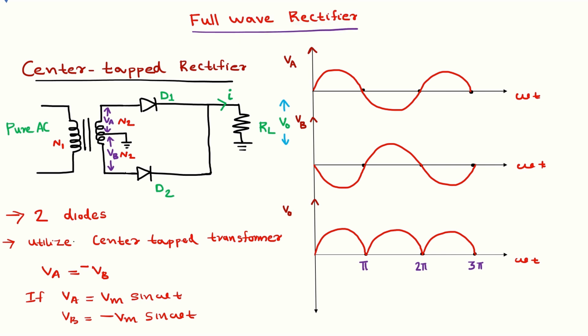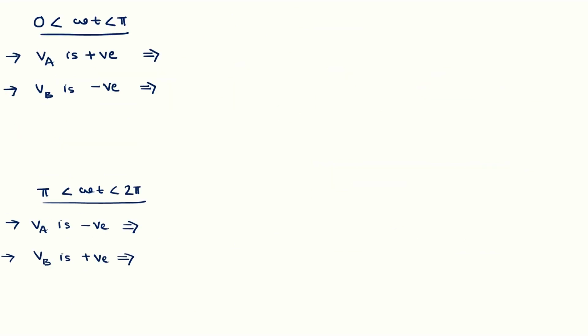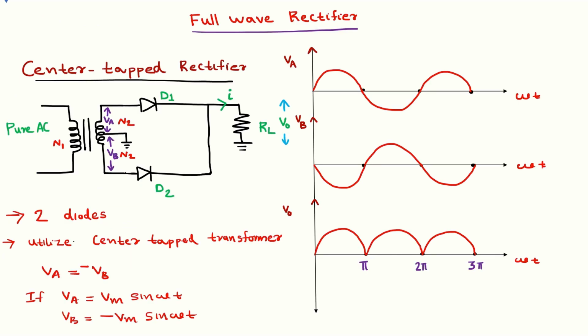Next I am going to explain the working of a center tapped rectifier. Similar to what we did in the working of the half wave rectifier, the same procedure applies here. Here I am splitting the time range in the VA waveform.